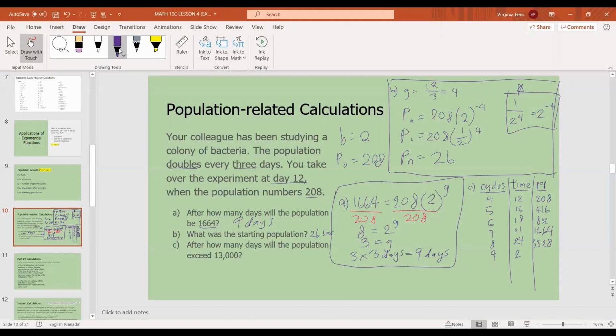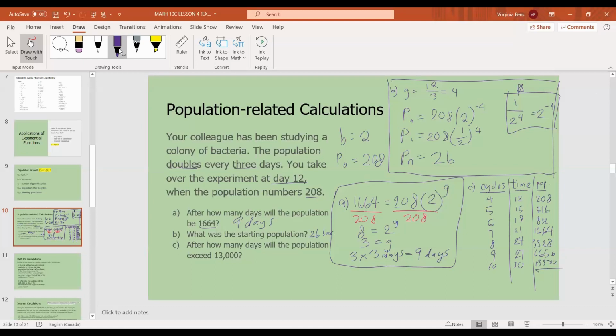Next, we have cycle 9, 27 days. Numbers are definitely increasing a lot. I need to make sure I don't accidentally make a mistake, so I'm going to type it in my calculator to make it faster. 6,656. Next, cycle 10, and then we have 30 days. Double that, we get 13,312.